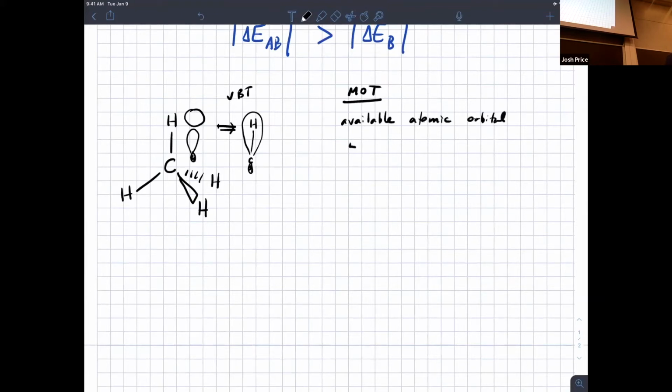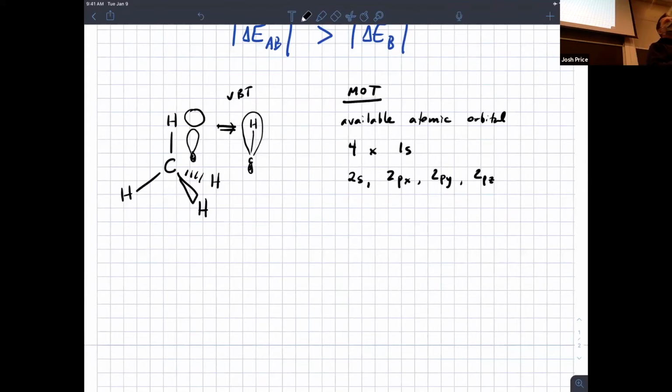So we have 4 1s orbitals, 1 from each hydrogen. And then on carbon, we would have a 2s orbital, and then a 2px, 2py, and 2pz. So I've got 8 atomic orbitals overall that I can combine.